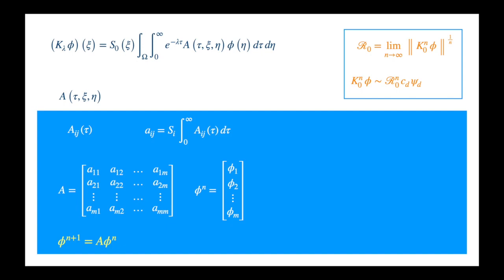The matrix is then rightfully called the next generation matrix. Just to check the arithmetic is right, you can see the first row of A times the column vector will give the infectives of type 1 in the next generation.